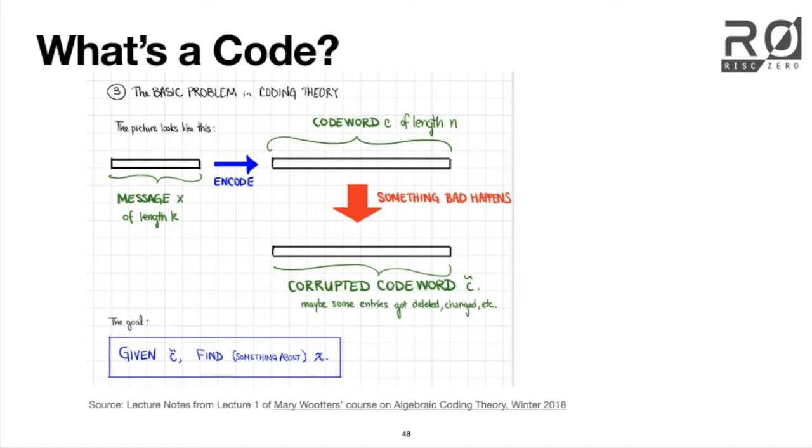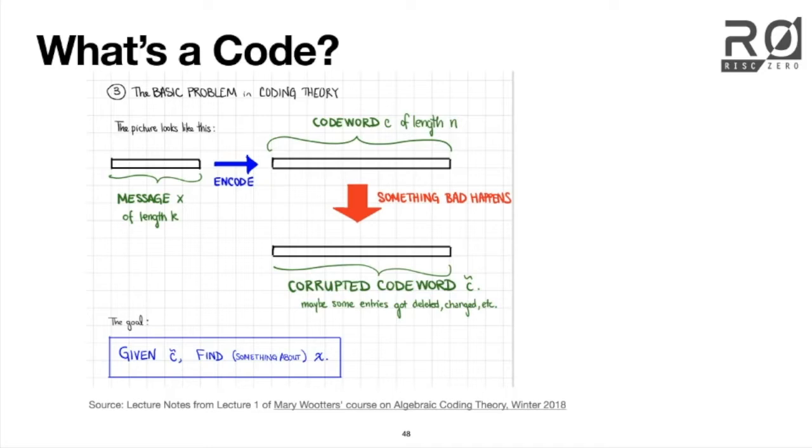mean by a code. So stepping away from the specifics of Starks and proofs of computational integrity and all that, the basic problem in coding theory: Alice has some message that Alice wants to send to Bob, and Alice encodes this message. So the message here is short, and it's encoded into some longer code word.